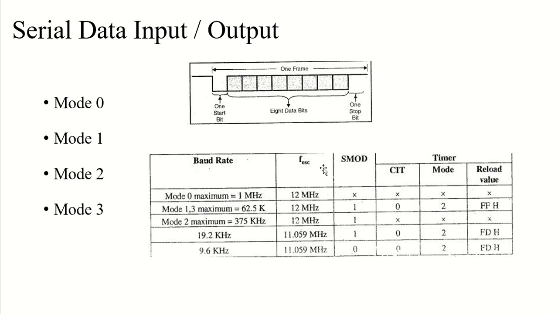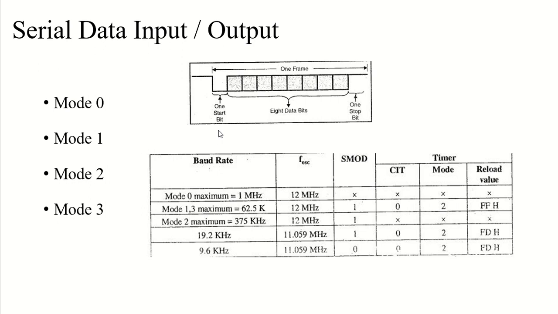So now let's quickly move to mode 2. Basically this mode 2 supports full duplex transmission, and it supports 11-bit asynchronous communication. So whenever there is a change in data, 1 would be transmitted and otherwise 0 would be transmitted. Such an operation is known as non-return to 0, or NRZ operation.